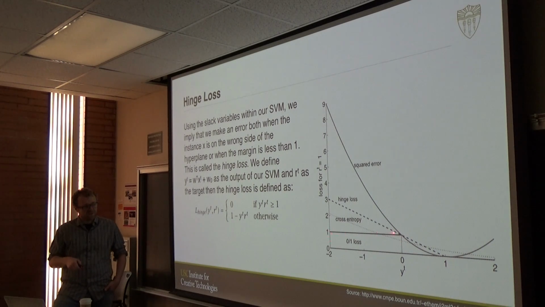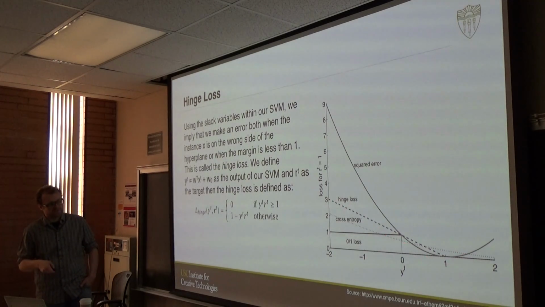In contrast to the 0-1 loss that we had with perceptrons or neural networks, if we have the wrong sign, we make exactly 1 error, and if we have the right sign, we make 0 error all the time. And then there are the other ones, like squared error or cross entropy, that are similar to hinge loss, for example.